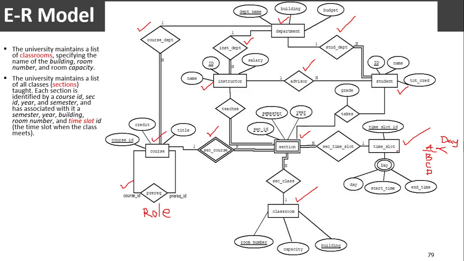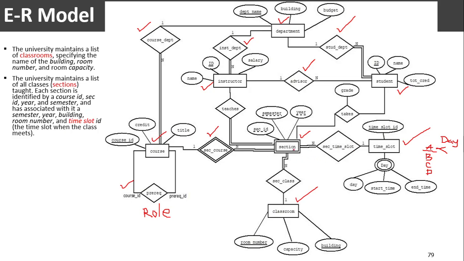Okay, so section is participating totally in the section time slot relationship, and it is many to one from section to time slot. Okay, now see here, this weak entity set is not only participating in the corresponding identifying relationship set, but it is possible that a weak entity set also participates in some other relationships. So this weak entity set may participate in this relationship section time slot.